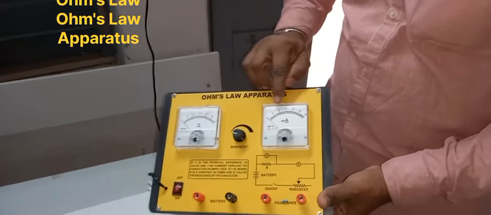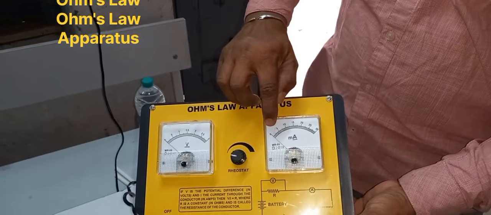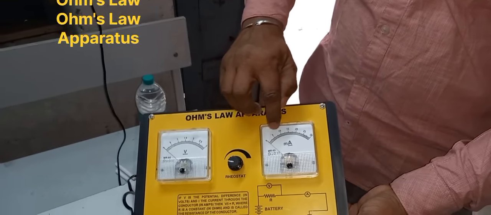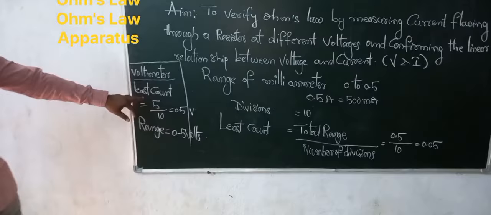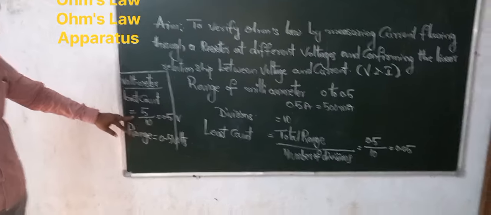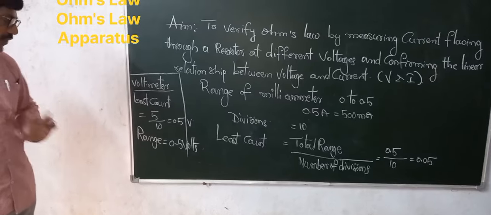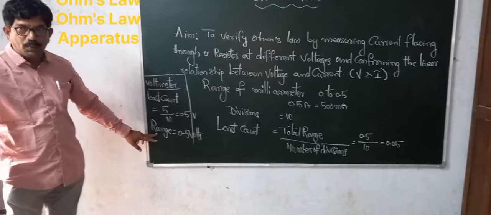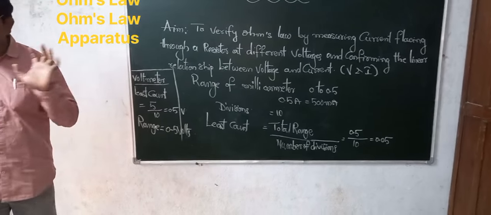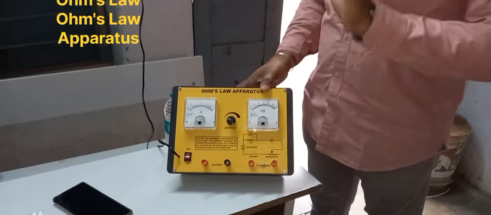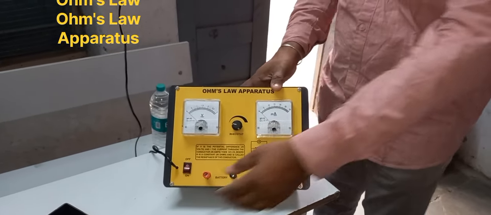The milliammeter readings are given in milliamps: 0, 0.5, 1, 1.5, 2. The voltmeter readings are also given in volts: 0, 0.5, 1, 1.5. So the least count is also 0.05 volts. Are you clear about that?